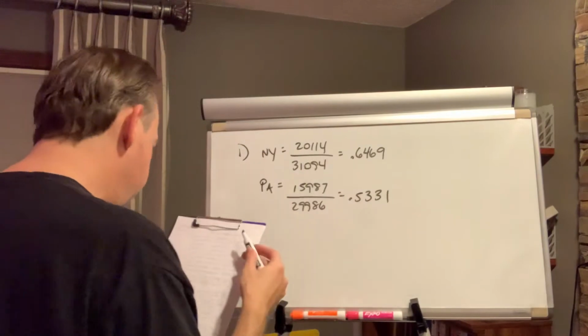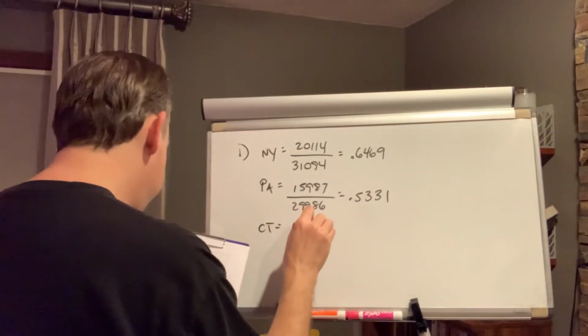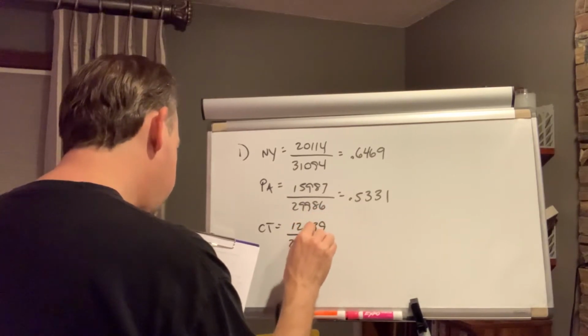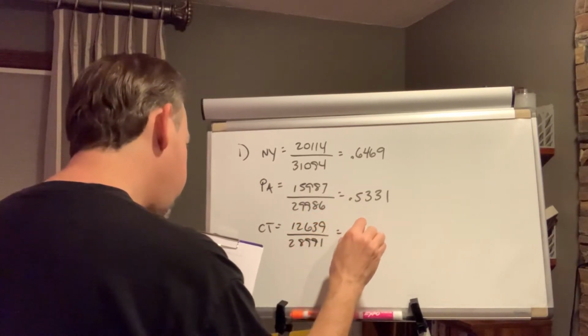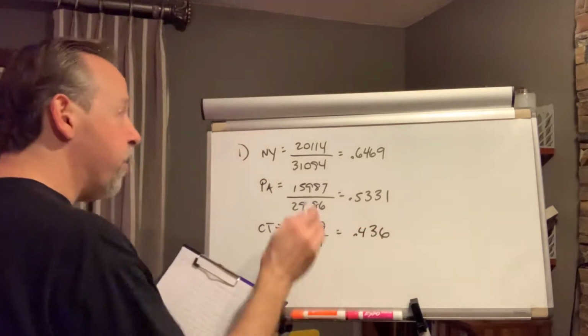They're lower than New York. Connecticut had 12,639 over 28,991, which is 0.436. Also cannot be Connecticut, so far New York is winning.